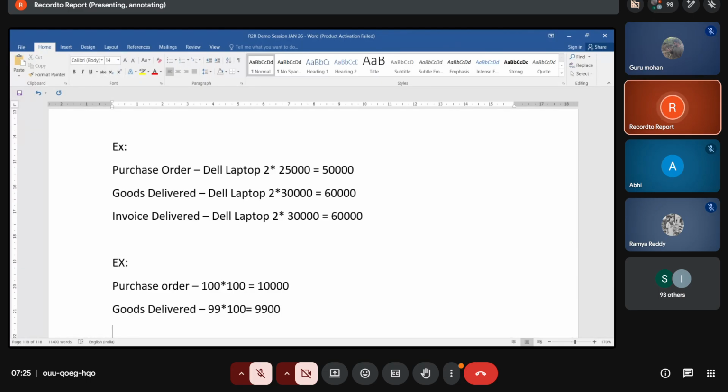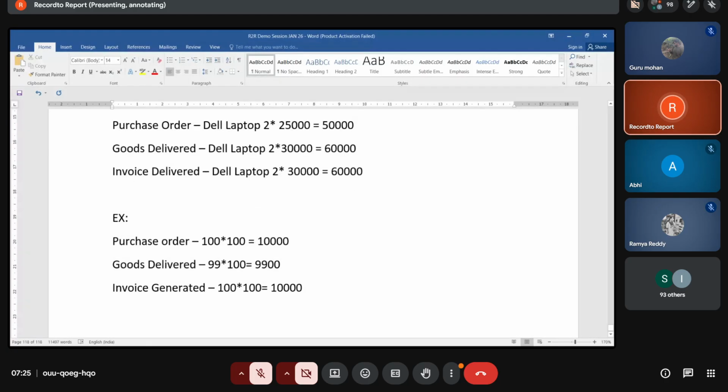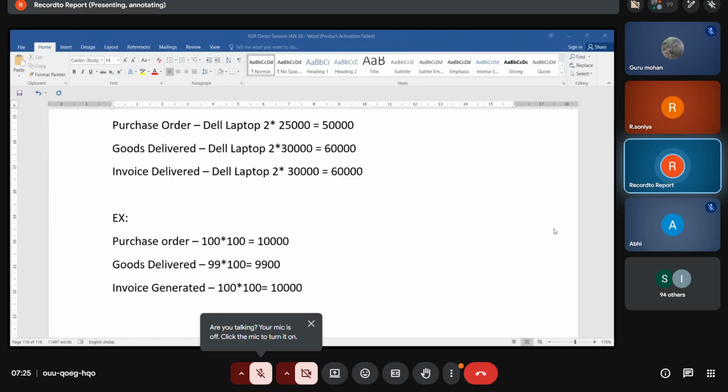So goods delivered is 9,900. The invoice is generated for 100 units at the rate of 100, 10,000 rupees. See what happens: we ordered 100, but while delivering the goods we received only 99. There is one product missing due to a counting miss or any other cases, guys. So the product is missing.